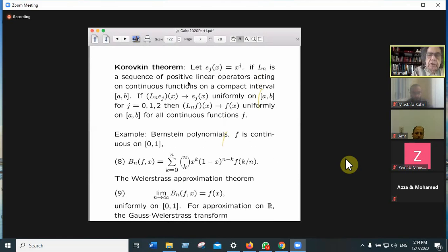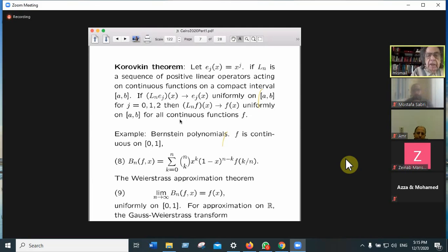If I have a sequence of positive linear operators acting on continuous functions on a compact interval, and if I know that this sequence converges uniformly for j equals 0, 1, and 2, so if the action on the constant function 1, on the function x, and on the function x squared converges to those functions, then it converges on all continuous functions uniformly.